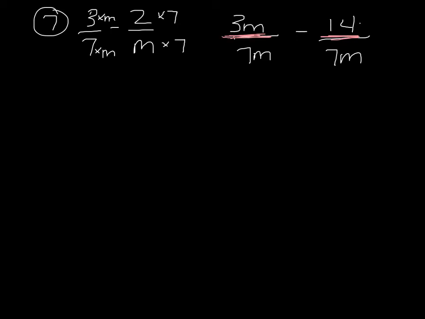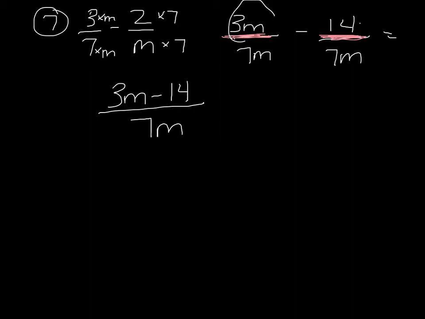I have 3 m's, so I can't take 14 away. If this was 14 m's, then I could. So how I would write this one is 3m minus 14 all over 7m. Notice I just kept my denominator the same, which is exactly what I would do in a normal problem.